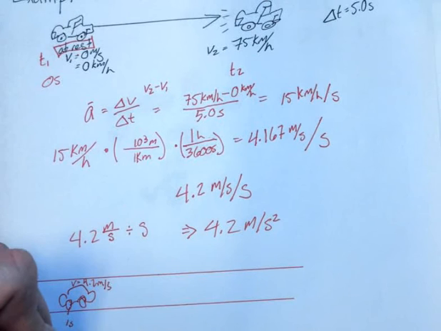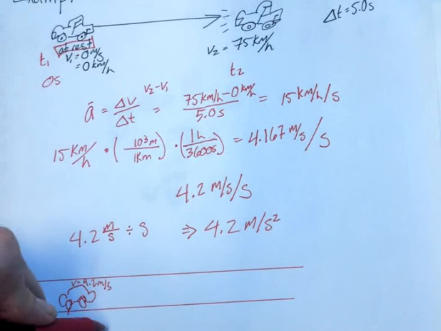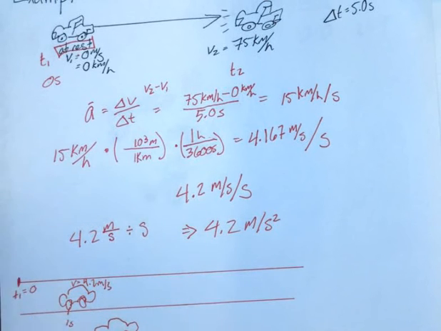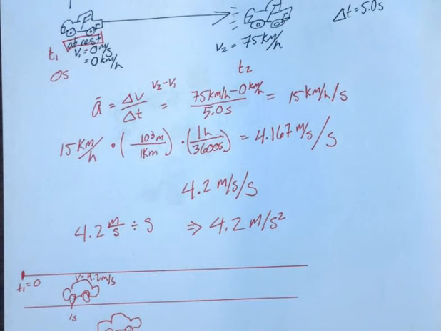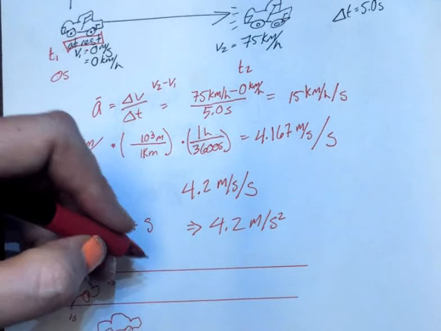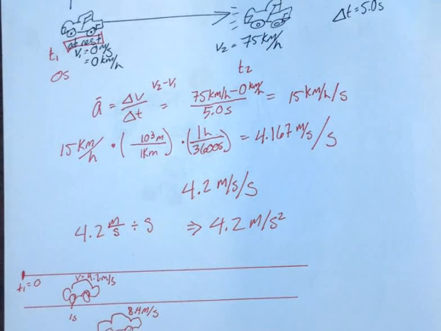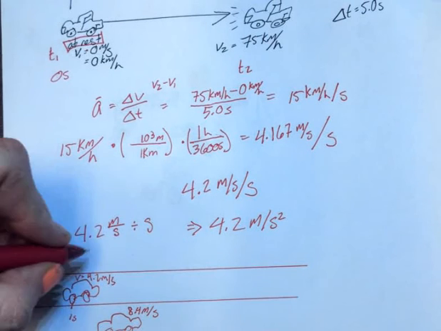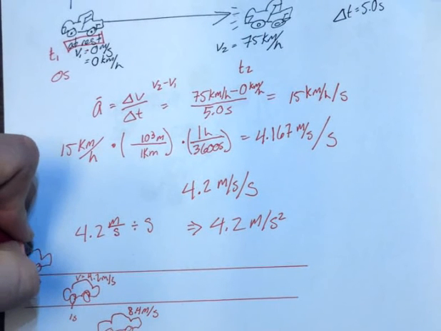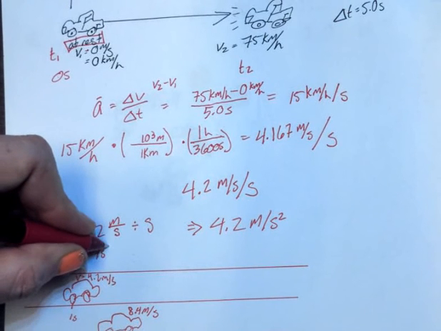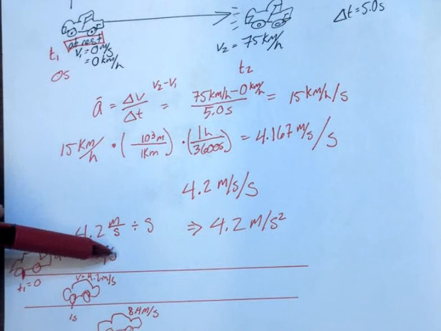At 2 seconds, our car's velocity has changed another 4.2 meters per second. So that means that we could say that our car has a velocity now of 8.4 meters per second. Because the acceleration of the car this whole time is 4.2 meters per second per second.